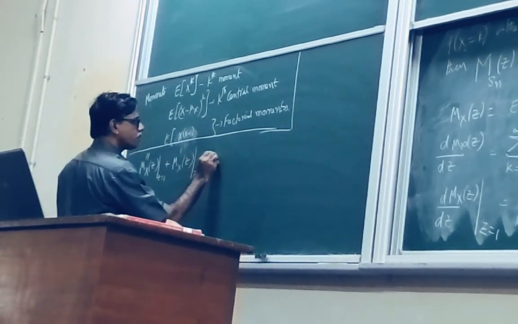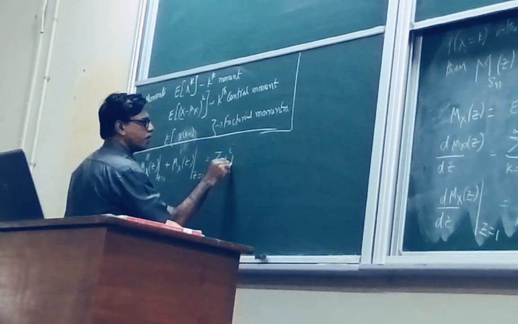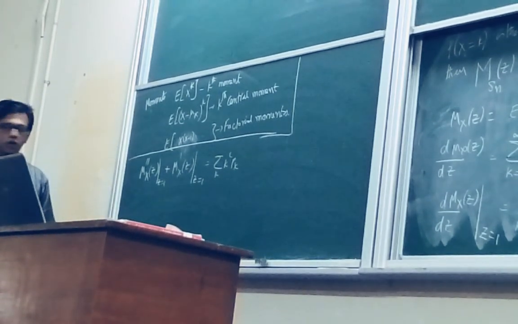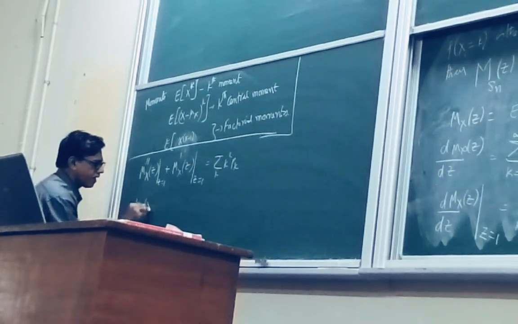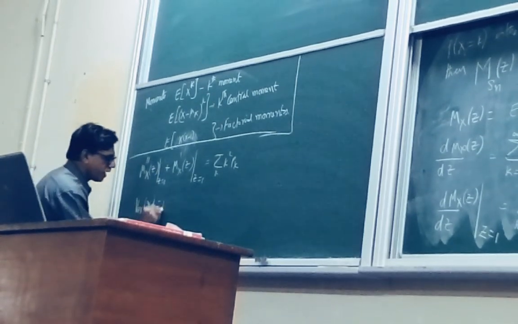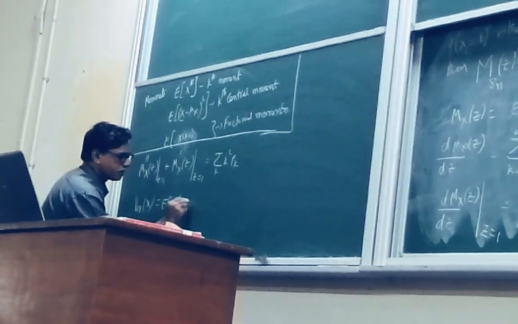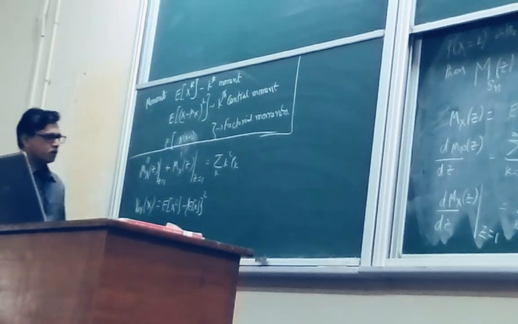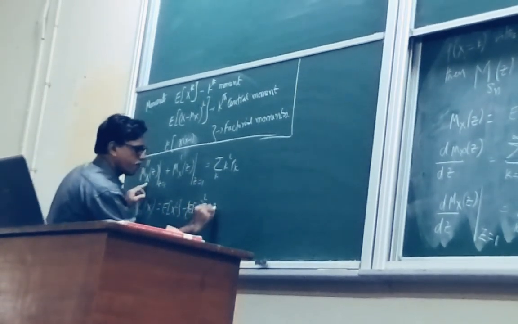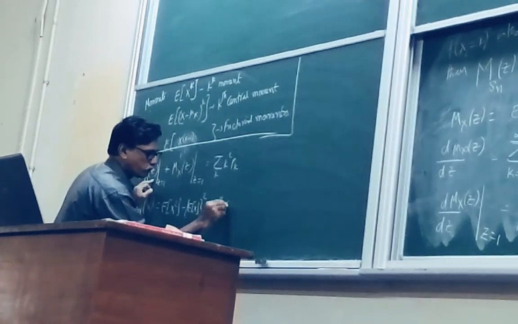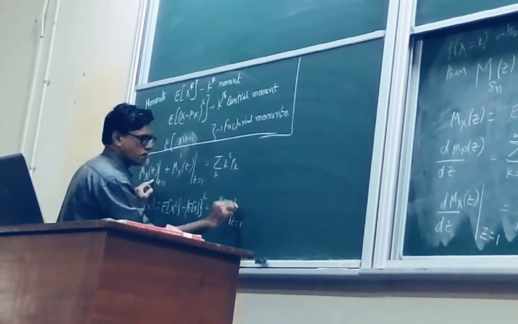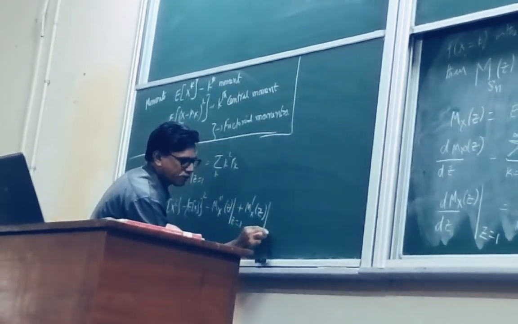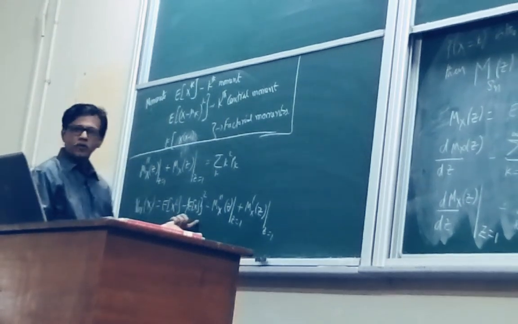So it will give you the sum over k squared pk. If you want the variance of x, which is the expectation of x squared minus the expectation of x, the whole square, that we can write in terms of the PGF as, so this is what you have to write.